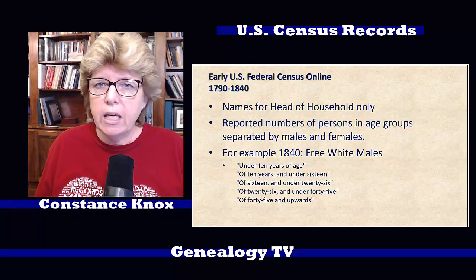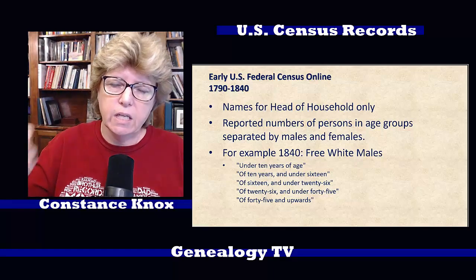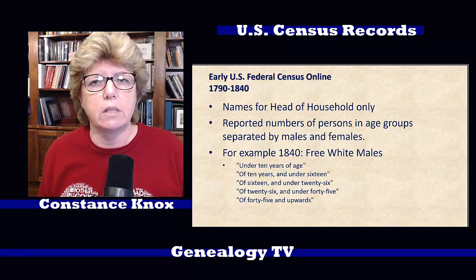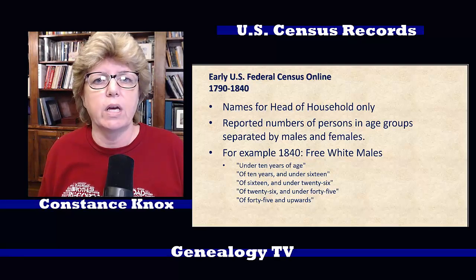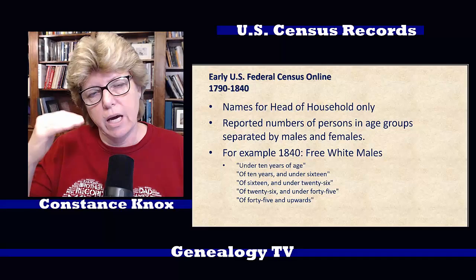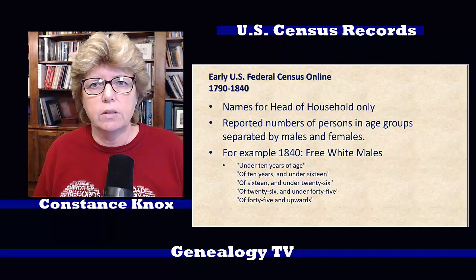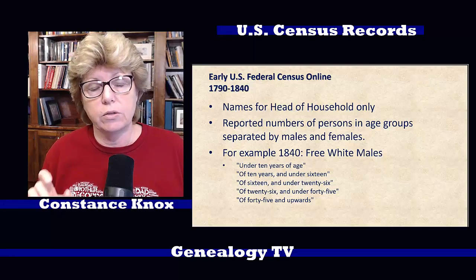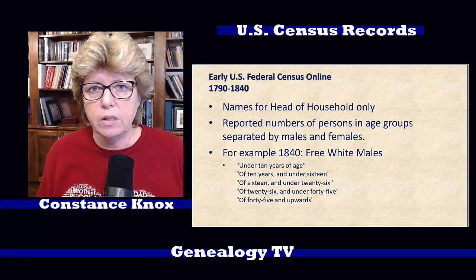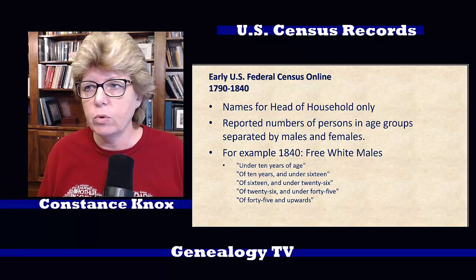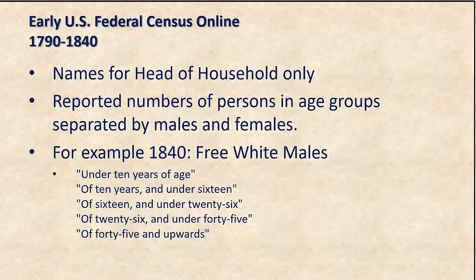So the name of the head of household for 1790 through 1840 only listed the names of the head of household, and then it listed how many people were in the household in various age groups. Those also changed slightly through the years. For example, here the 1840 census, I'm going to make this a little bigger so you can see it.